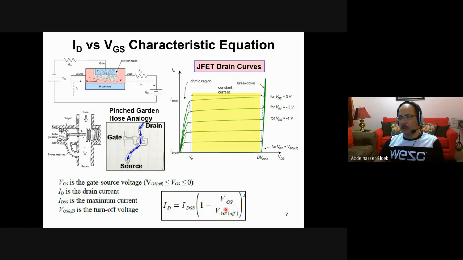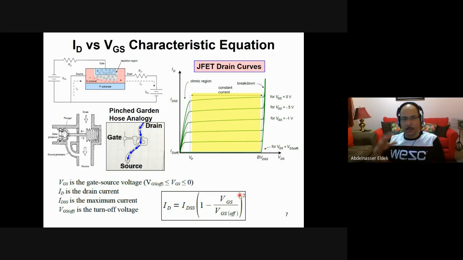This is the voltage that blocks the current completely; you don't have any current here. When VGS equals VGS off, then you do not have current, and that makes sense, because if this one equals this one, then you have 1 here. 1 minus 1 is 0, so ID equals 0. And all this will be squared.